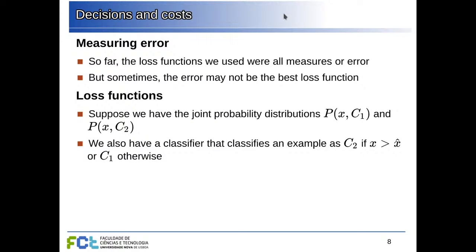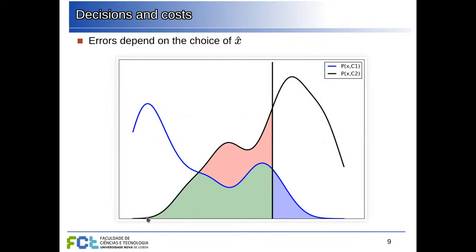But now let's suppose this example. Suppose that we have these joint probability distributions of some feature x, just one dimension, and being in class 1, and x and being in class 2. Let's say it's something like this. The blue one is for x and class 1, the black one is for x and class 2.